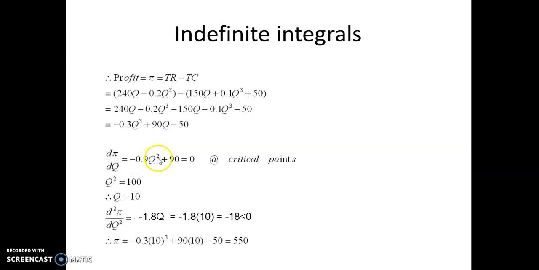So therefore, if I differentiate this a second time, 2 times minus 0.9 is minus 1.8q. And of course, a constant differentiates to 0. If you substitute the 10 in over there, you get a negative 18. So therefore, at the quantity or output of q equal to 10, the second order condition is negative. So therefore, this is the output that will maximize profit.